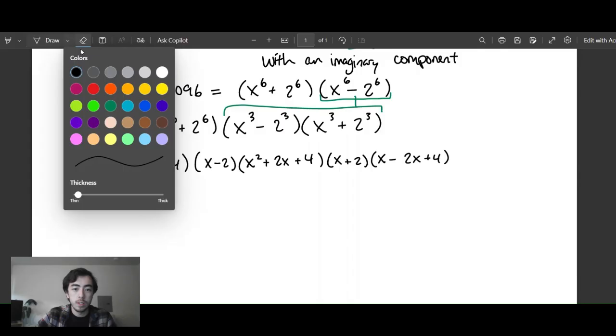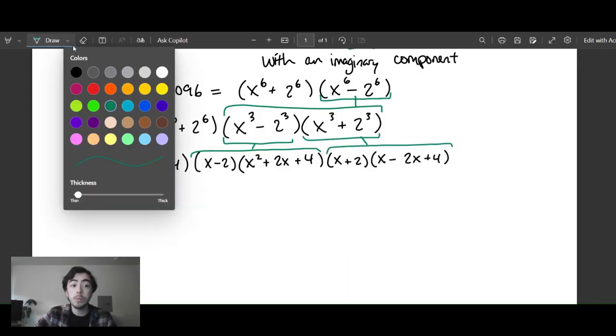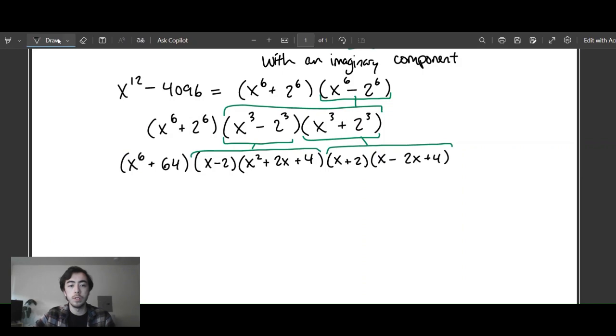So let me just color code this. This factor turns into this one, and then this factor turns into this one. And the reason why I'm factoring is that it's a really useful strategy to find roots, or values that cause the whole thing to be 0. Because here you might notice that if I plug in that x equals 2 that I found earlier, it'll cause this factor to be 0.